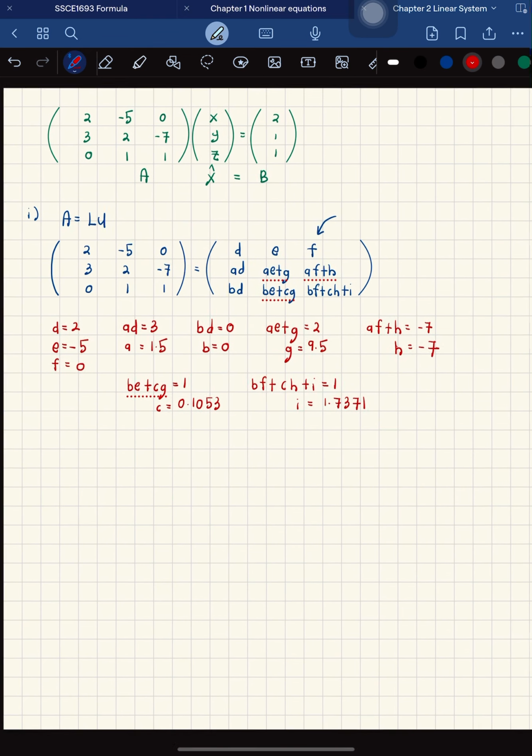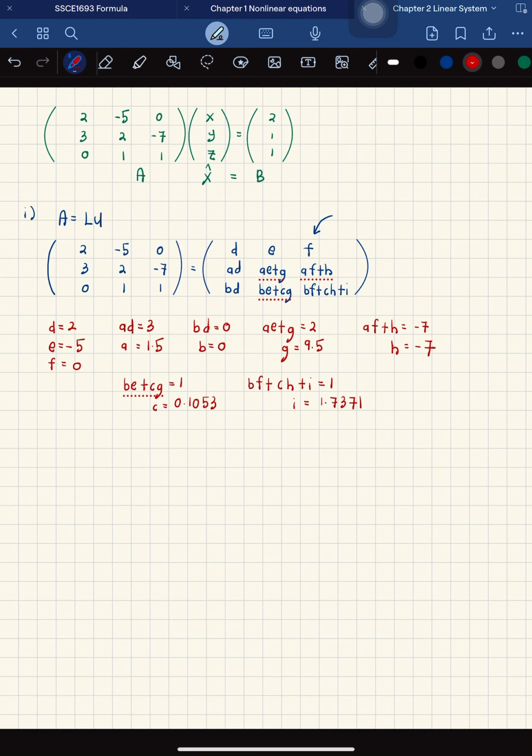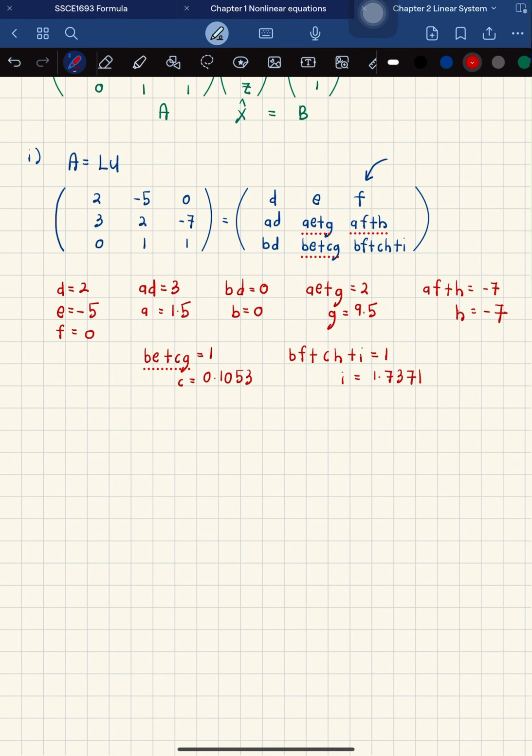So now we have all the values of A, B, C, D, E, F, G, H, and also I.